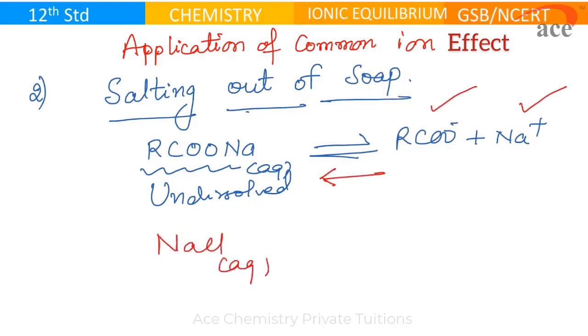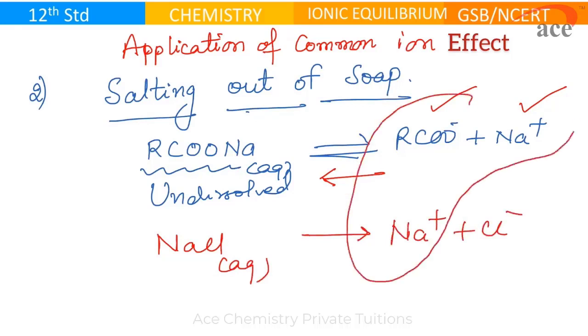So we add NaCl, common salt, and this common salt will produce common ion of Na plus. It will combine with RCOO minus, and the reaction will have equilibrium shifting in the backward direction. And because of that, dissociation of RCOONa will reduce and soap will precipitate. Is that fine?